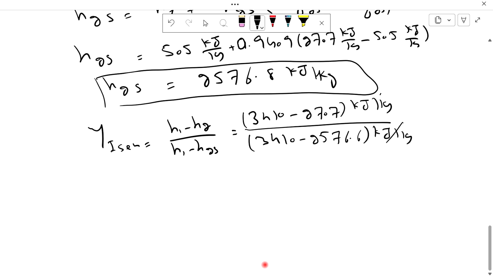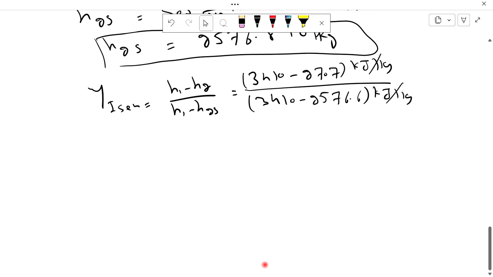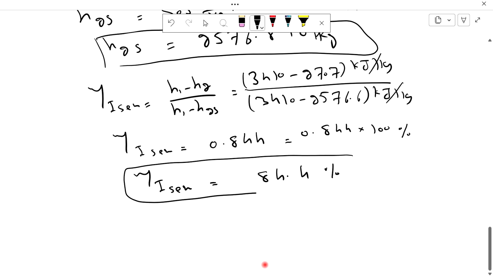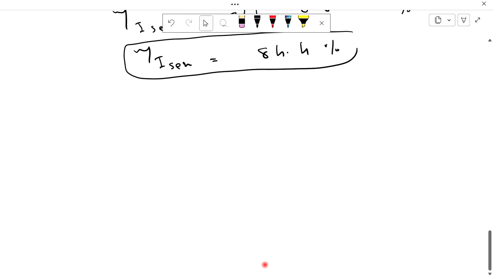Units are the same in numerator and denominator. Simplify this, so the answer will be 0.844, and in percentage multiply by 100. So isentropic efficiency is equal to 84.4%.